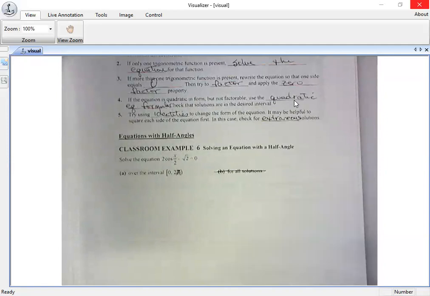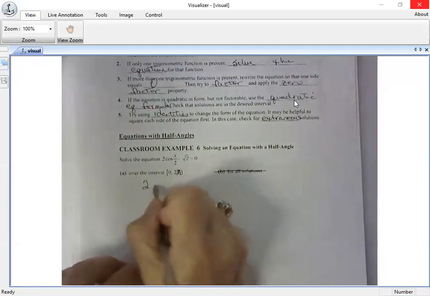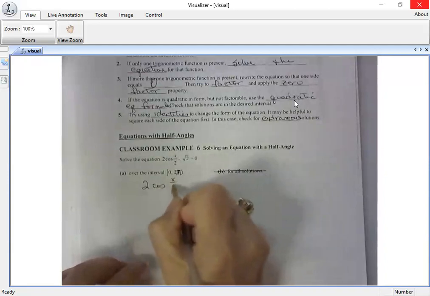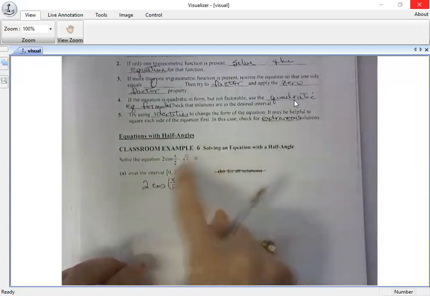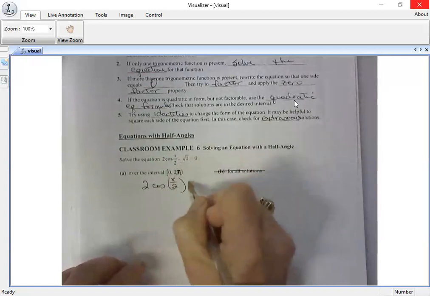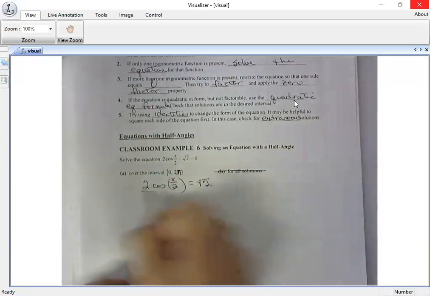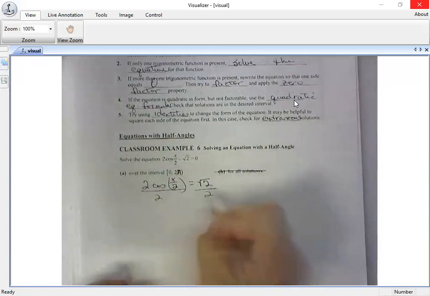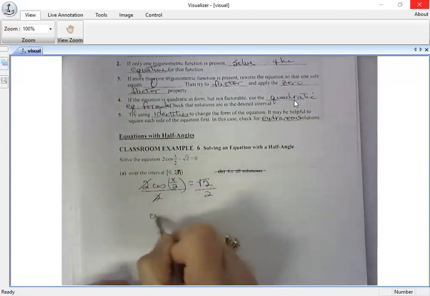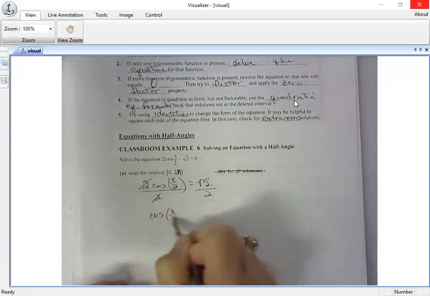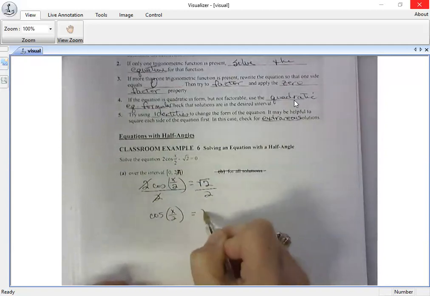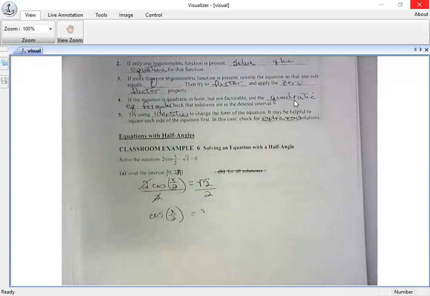I think I would. So let's take 2 cosine angle x over 2. And how about if we add the square root of 2 to each side? Wouldn't it look like that? Okay, then what would we do? Can I divide both sides by 2? So now I have the cosine of angle x over 2 equals, and we can leave it as square root of 2 over 2 if you want.